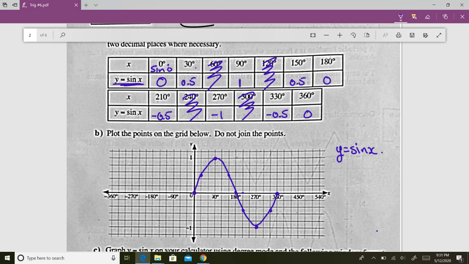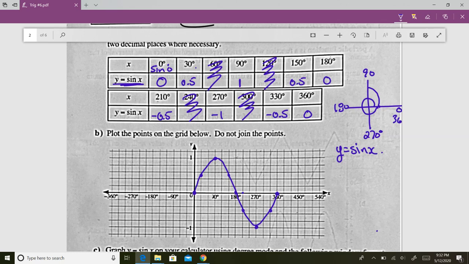Now, you remember, this is 0, 90, 180, 270, 360. But we can keep going. Once you go around once, that's what we've done and plotted it, you can keep going. So this would be 360 plus 90.